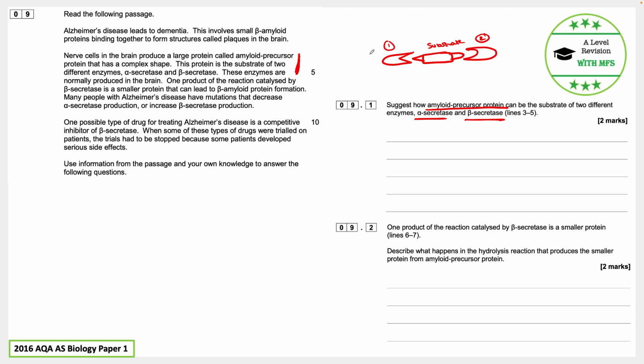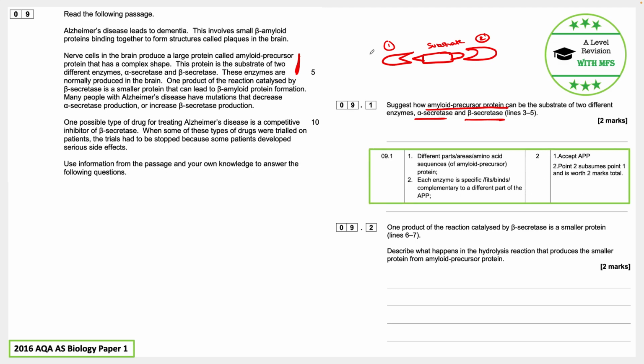So basically what this question is trying to get from you is that each of those enzymes is complementary to a different part of the protein substrate. If I show you the mark scheme: different parts, areas or amino acid sequences of the protein, each enzyme is specific or complementary to a different part of the protein.